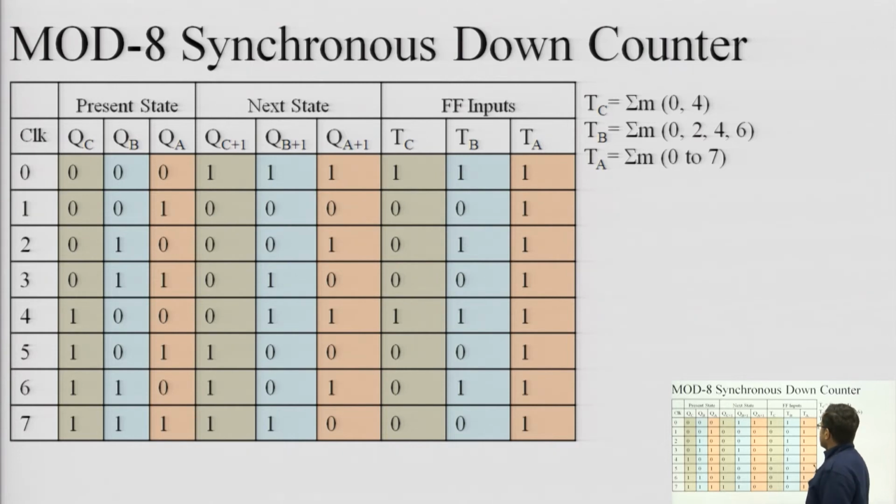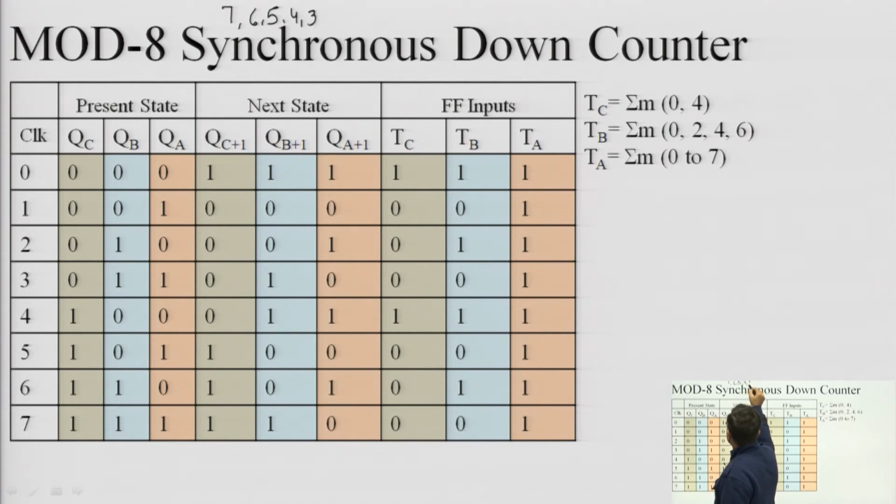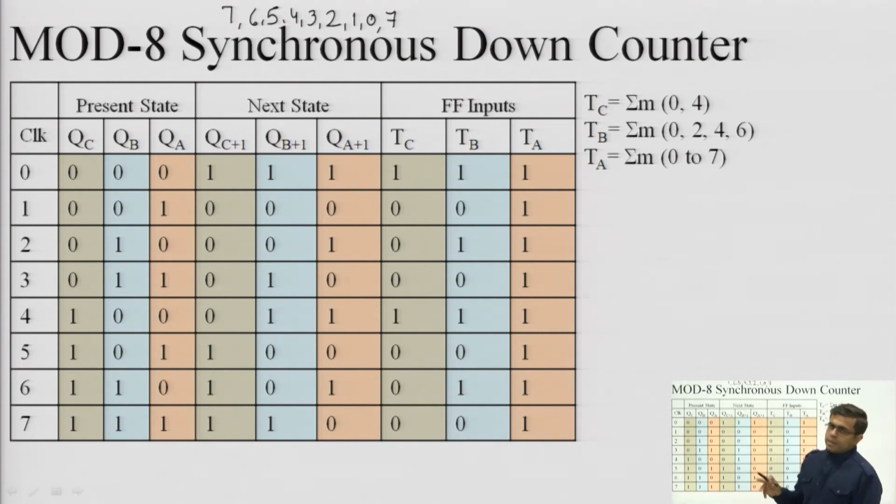For a mode 8 synchronous down counter, the only difference between the up counter and down counter is that the states will be 7, 6, 5, 4, 3, 2, 1, 0 and again 7. This gives the impression that I should write in the 7, 6, 5, 4, 3, 2, 1 flow, but keep in mind that the next row of the table has no correlation with the previous row.